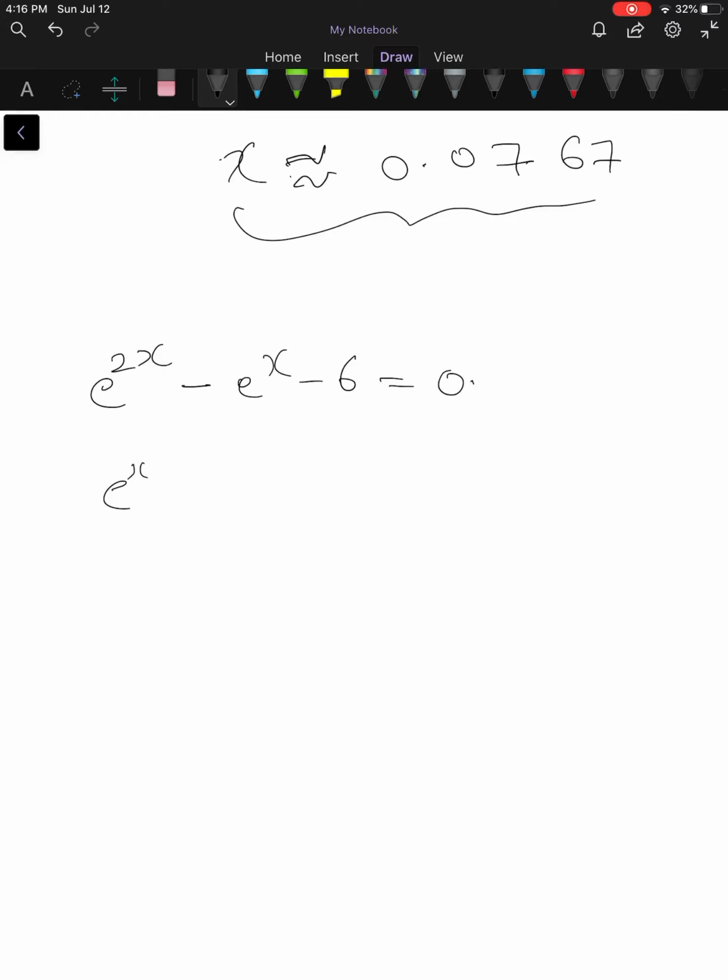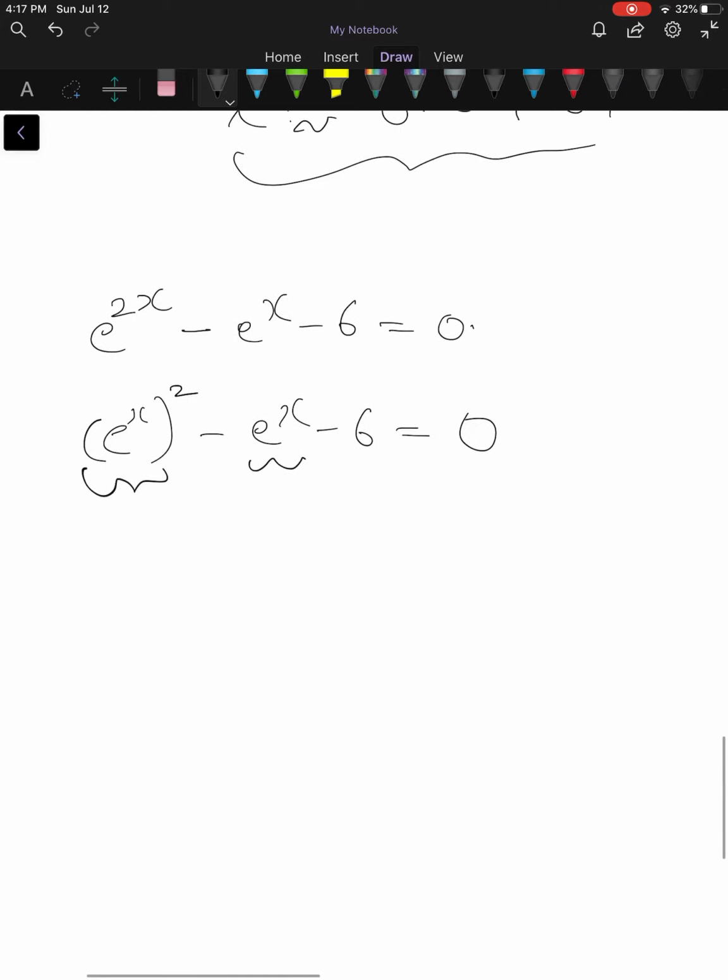That is already done, and e to the power of 2x can be written as e to the power of x whole square, right? So minus e power x minus 6 is equal to 0. Now substituting e power x as one variable, say a variable w, this reduces to a simple quadratic equation, correct?